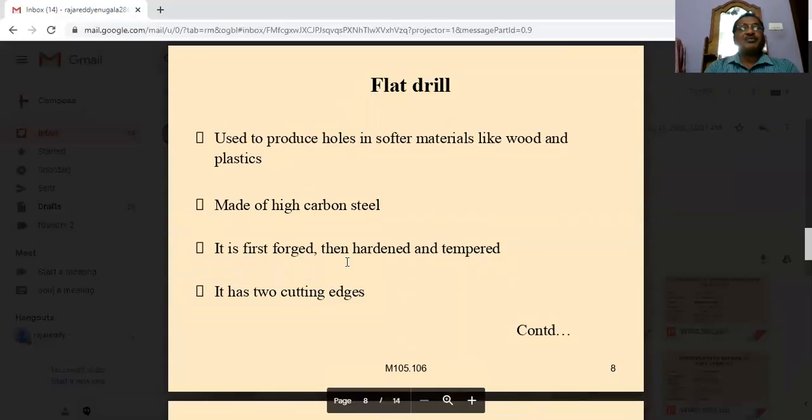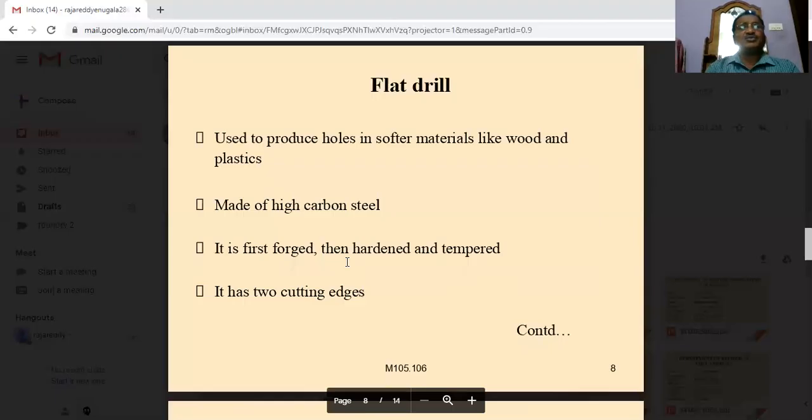A flat drill is used to produce holes in softer materials like wood and plastics. It is made of high carbon steel. It is first forged, then hardened and tempered.